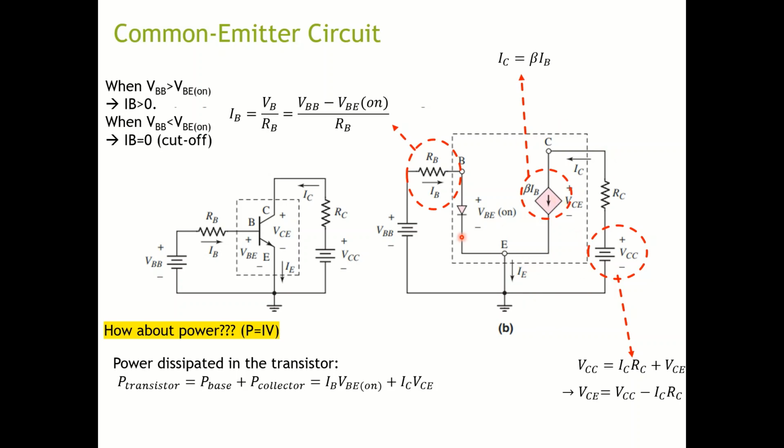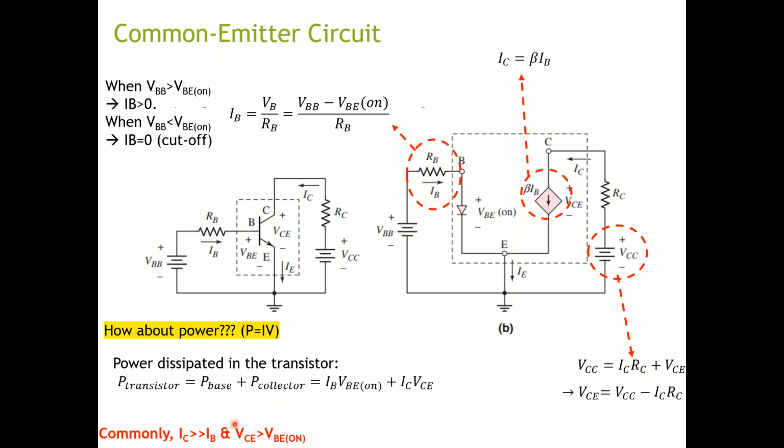On the base you have I_B current multiplied by V_BE(on), and then you have I_C current multiplied by V_CE. Add them together, and you have the total power dissipated in the transistor.